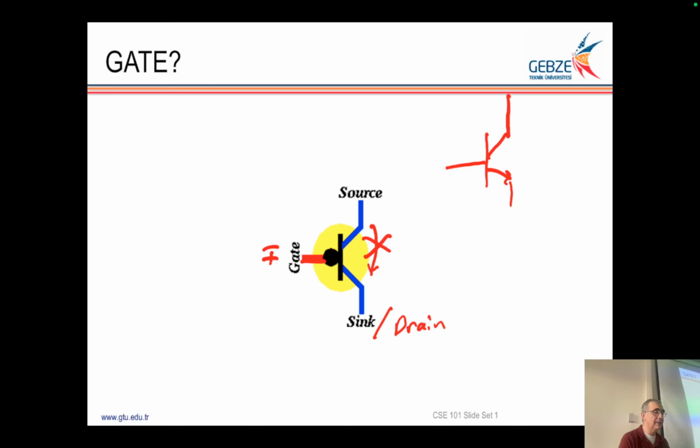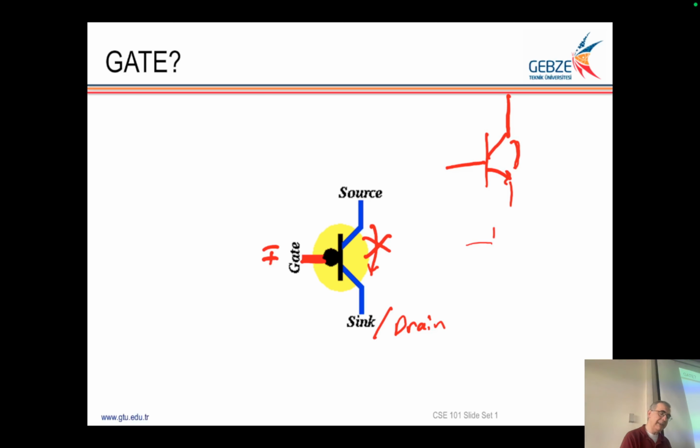I can change the level of conductivity. Little bit conductor, more conductor, more conductor, more conductor. So it will be slowly changing.